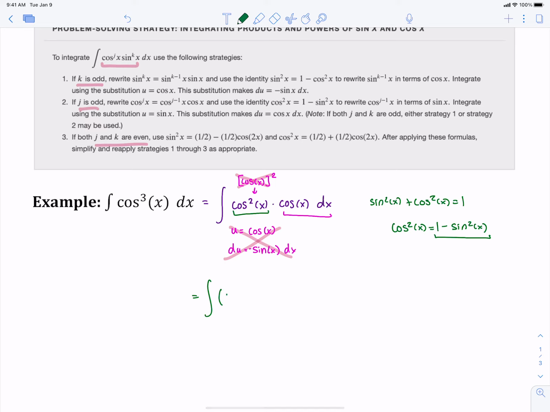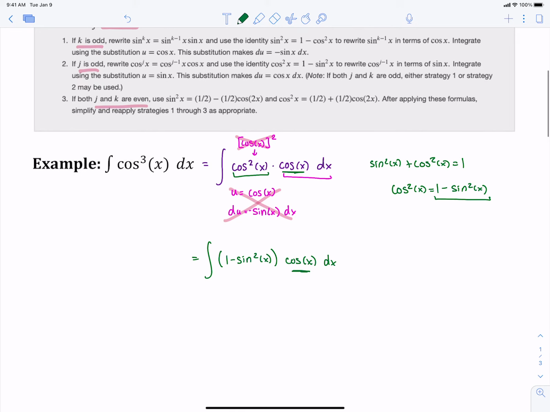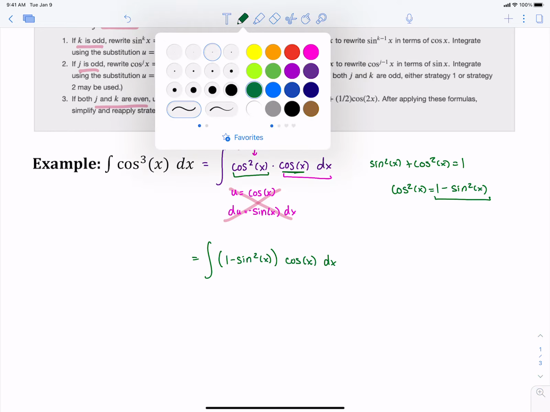So we're going to have the integral of 1 minus sine squared of x times cosine of x. And we do need that in parentheses because that cosine of x that's sitting outside here is being multiplied by our cosine squared. So we have to make sure it's being multiplied by all of the things that we're replacing our cosine squared with.